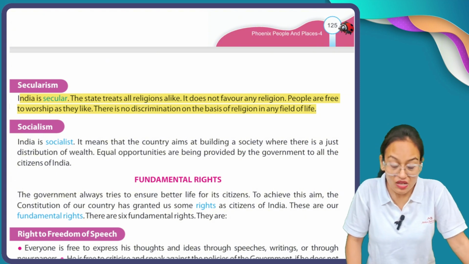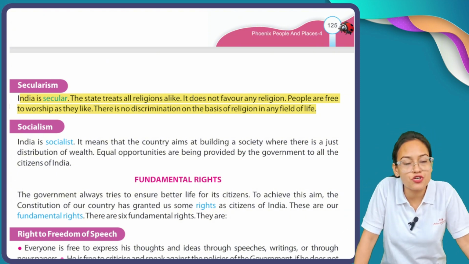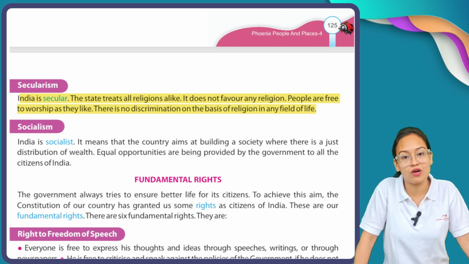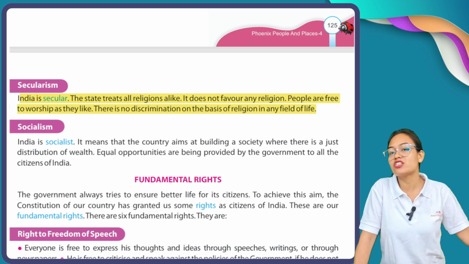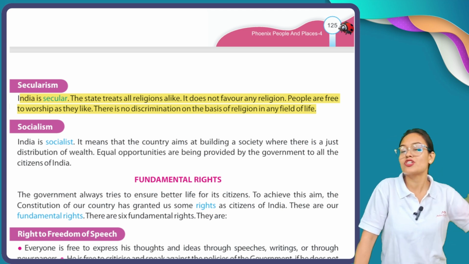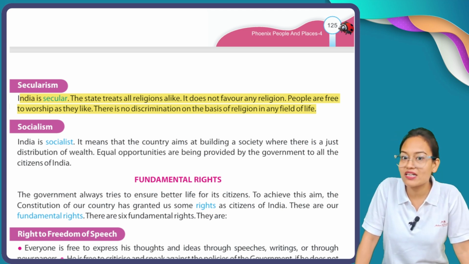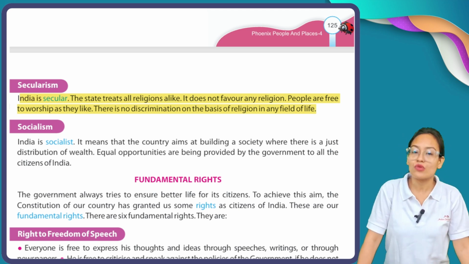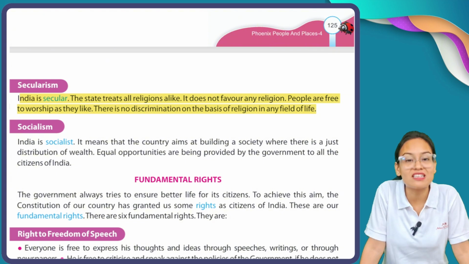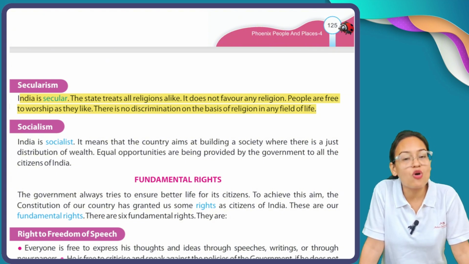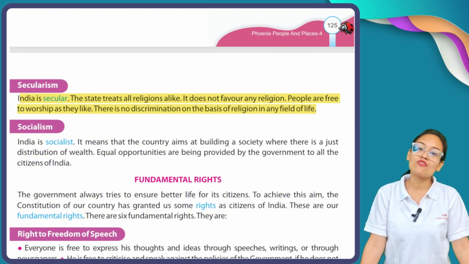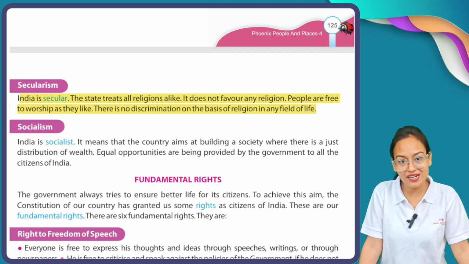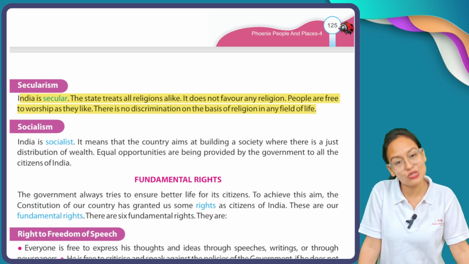Because in the eye of the constitution of India, each and every person of India is equal. It doesn't matter which religion you follow, from which caste you came, which gender you possess, or which economic status you have. Because we all are equal in the eye of our constitution of India. That's why India is not only a democratic country, India is also a secular country.